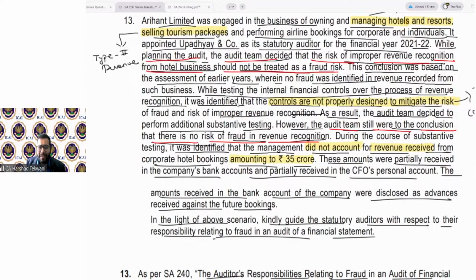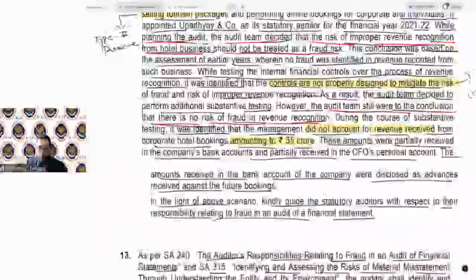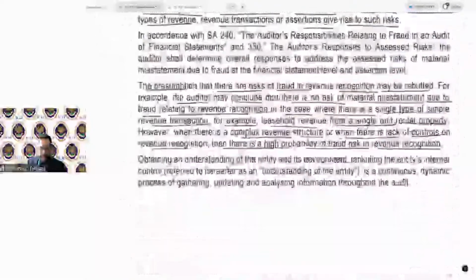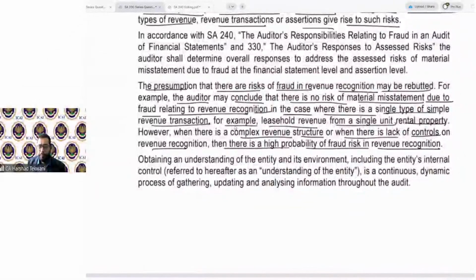Can I still say there is no risk of fraud in revenue recognition? Answer is no, I cannot. Obtaining an understanding of the entity's environment, including the entity's internal control, is a continuous and dynamic process of gathering, updating, and analyzing information throughout the audit.